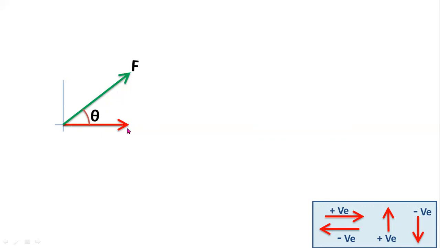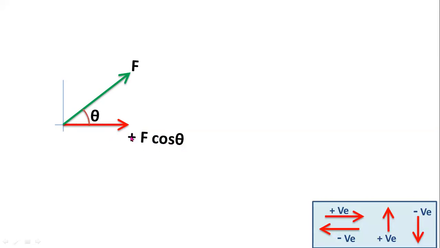Now the magnitude of this horizontal force is equal to the force into cos theta. Here, this is the adjacent side to this angle, so for adjacent sides, you have to consider cos theta. So the magnitude of the x horizontal component is force into cos theta.